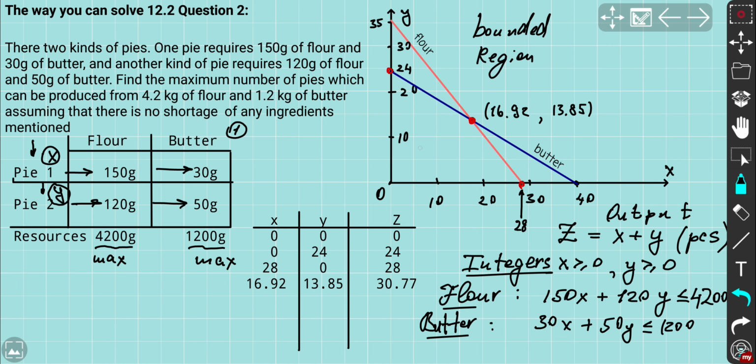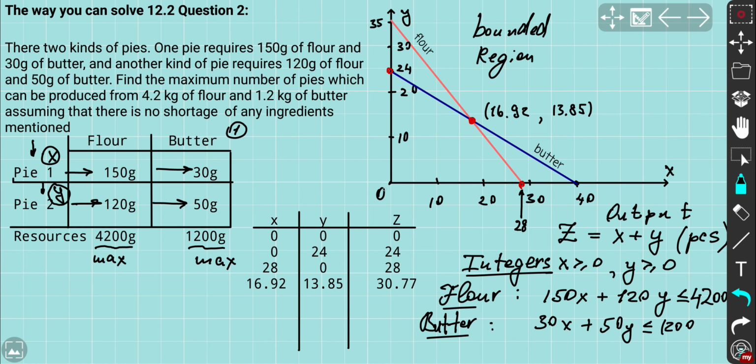And that's cool. It means that we are not going to estimate further inequality for half of the plane that we have for objective functions. So that means if we found a maximum, because in our case we need to find the maximum number of pies that we can produce, we're looking for the maximum value through calculating z in vertices.